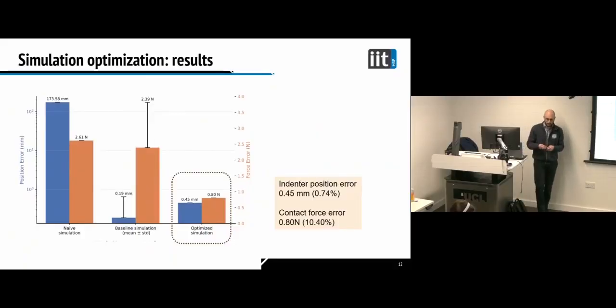And how does this simulation perform? Well, we can see the box here, and you have sub-millimeter position error and some force error. These are the percentages with respect to the scale. And well, is it good? We compare it with 2 baselines.